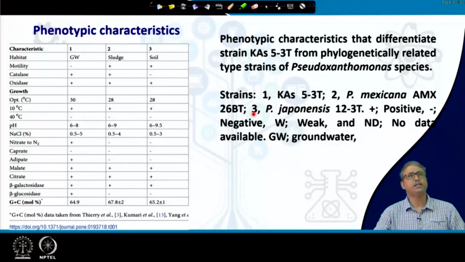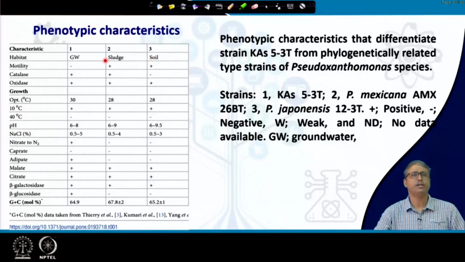As I mentioned earlier, a number of metabolic or phenotypic tests can be done. The phenotypic tests of the organism that we have isolated are shown in column 1, whereas column 2 and column 3 are the nearest neighbor organisms. Why do we need to study these organisms as well?